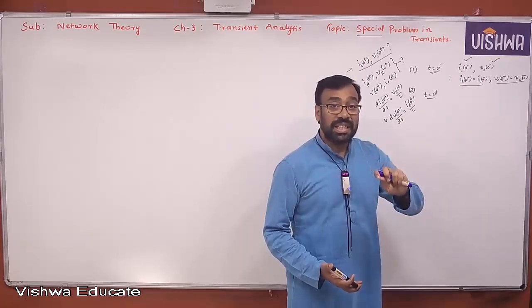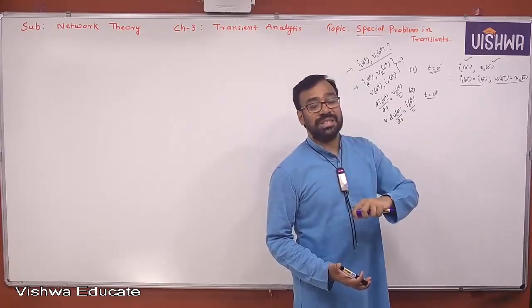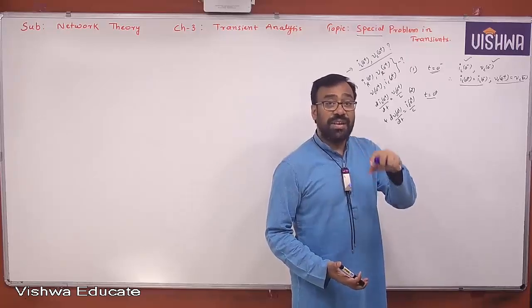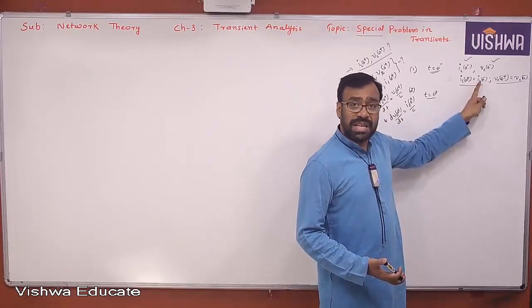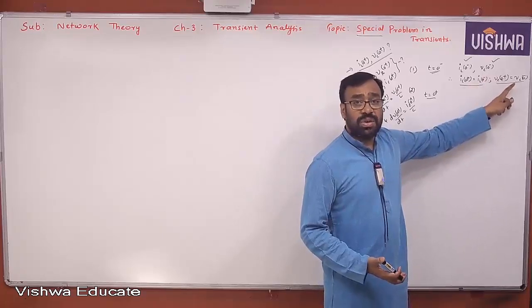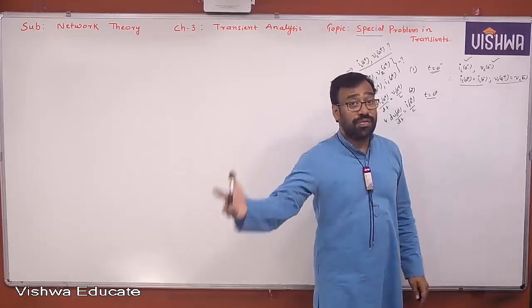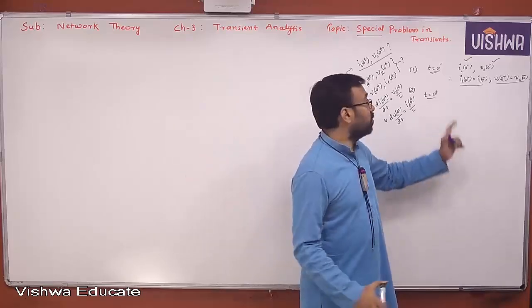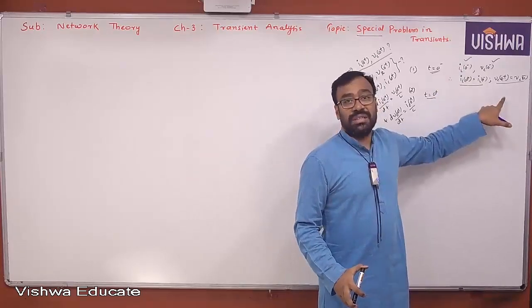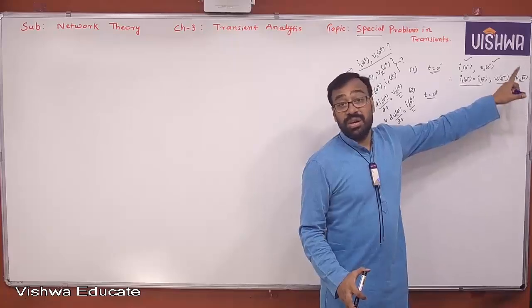Voltage across the inductor is finite or infinite. That is nothing but ideal impulse. If they are finite, then you conclude iL of 0 plus is equal to iL of 0 minus, vC of 0 plus is equal to vC of 0 minus. If they are not finite, that means ideal impulse, then definitely iL of 0 plus is not equal to iL of 0 minus. vC of 0 plus is not equal to vC of 0 minus.